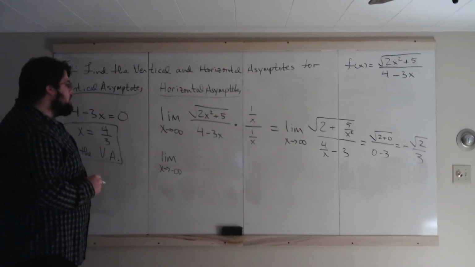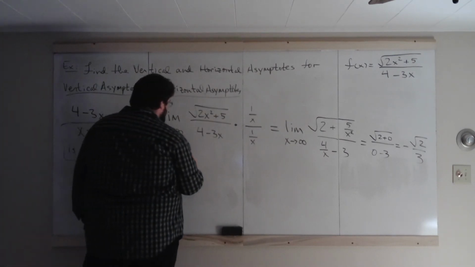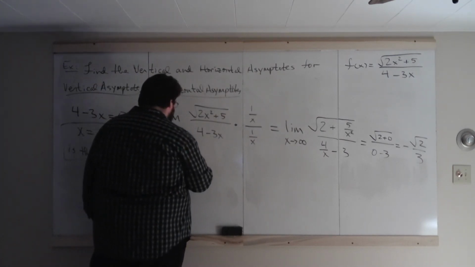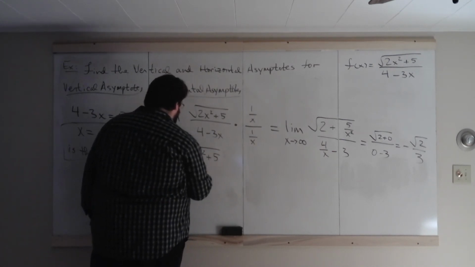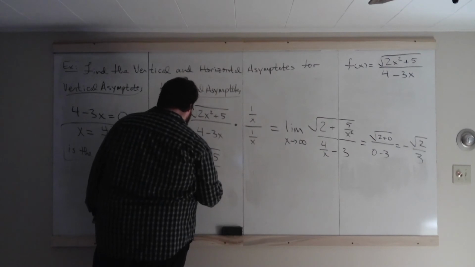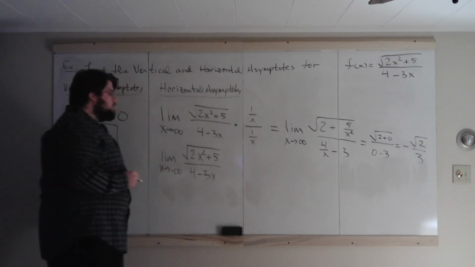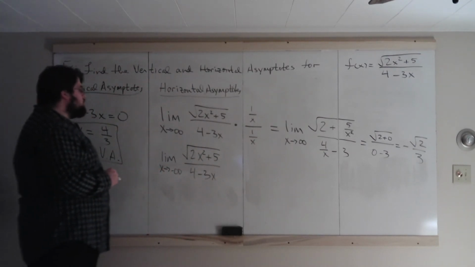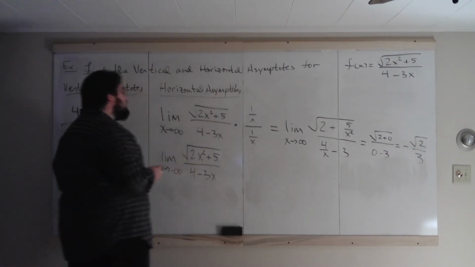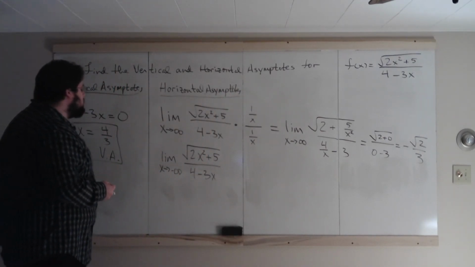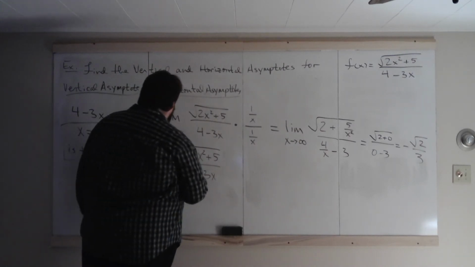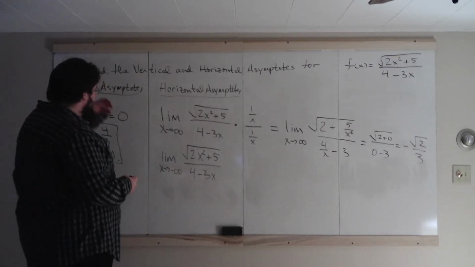Now we need to do the limit as x goes to negative infinity. Now notice, for the limit as x went to positive infinity, you could have applied L'Hopital's rule, and you'd have to apply it a couple times. I think that would work. Maybe I should go through that on the side to be sure.